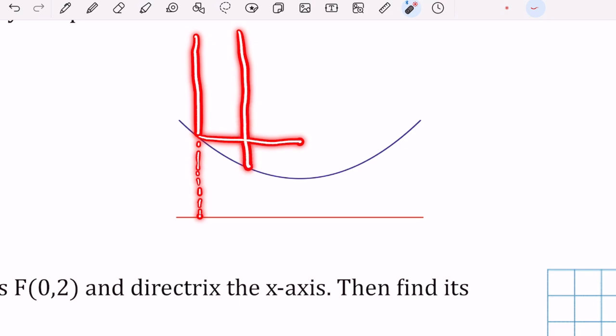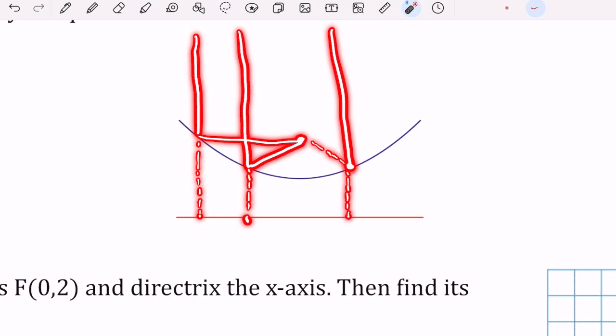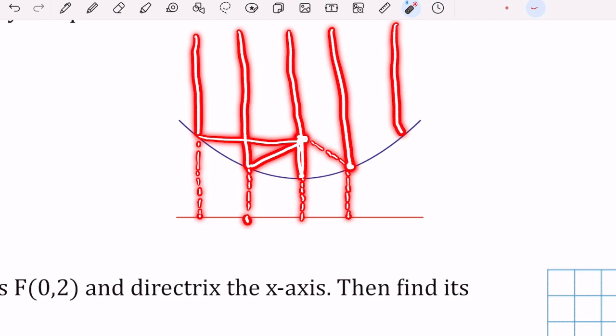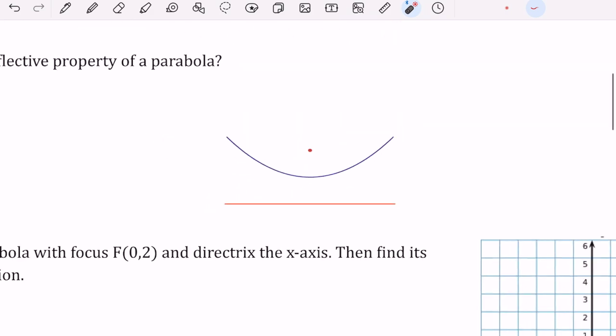Any ray that is perpendicular to the directrix, when hitting the parabola, reflects to the focus.